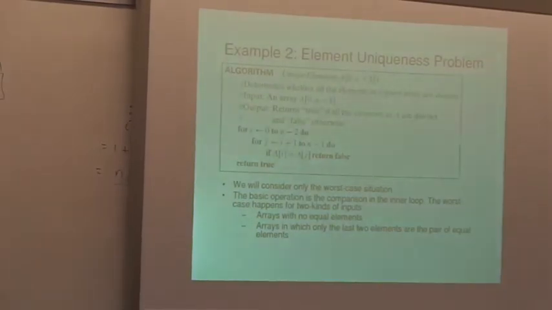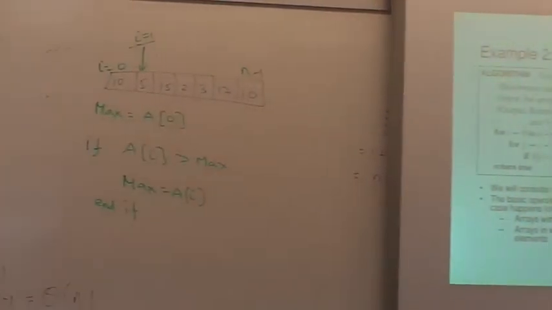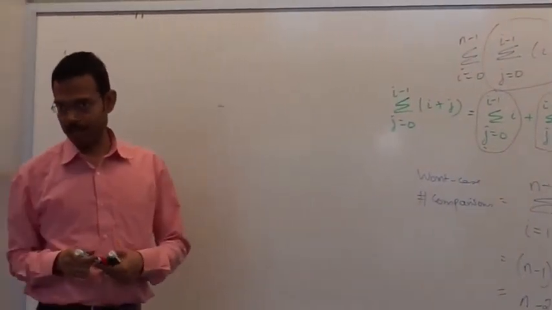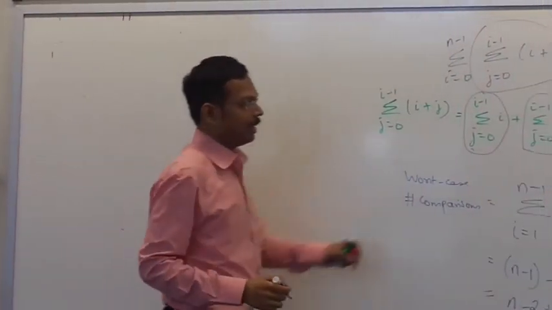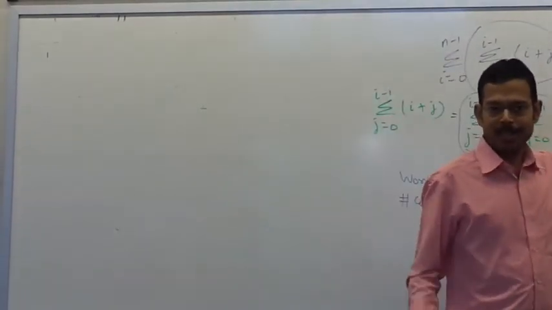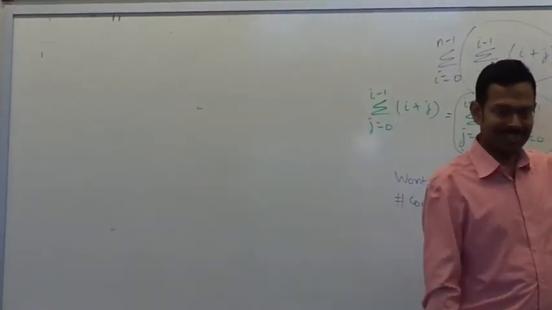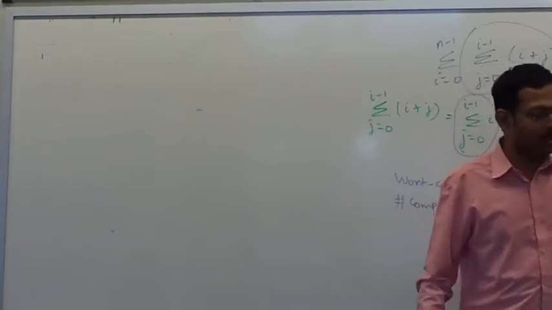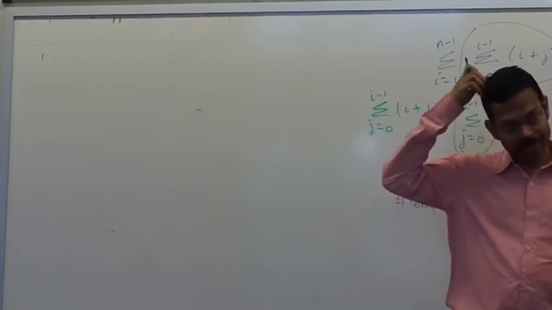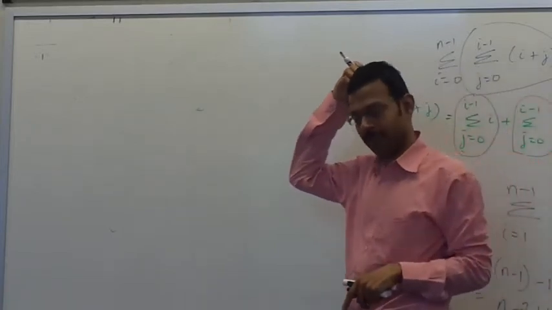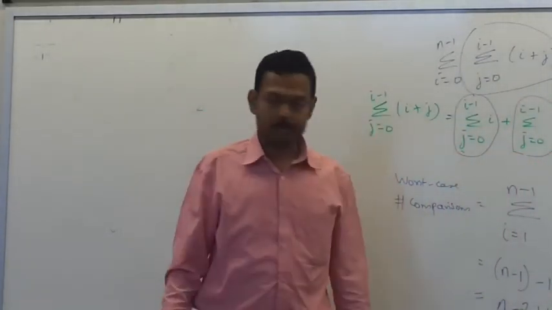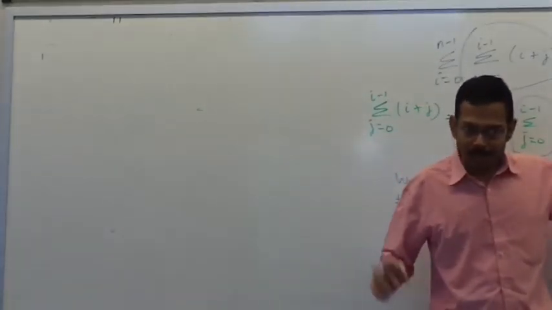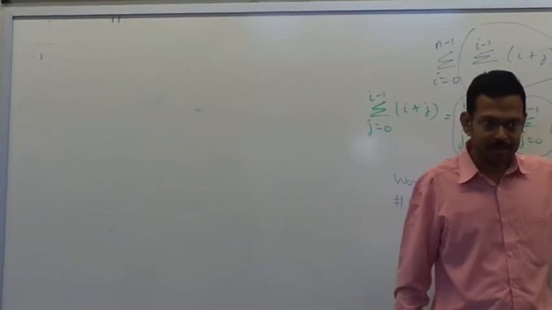Given an array, we want to find whether the elements in it are unique or not. What do I mean by that? Tell me, in this array, whether it has unique elements, which means is every element distinct, different? They are all integers, but are they all different integers?